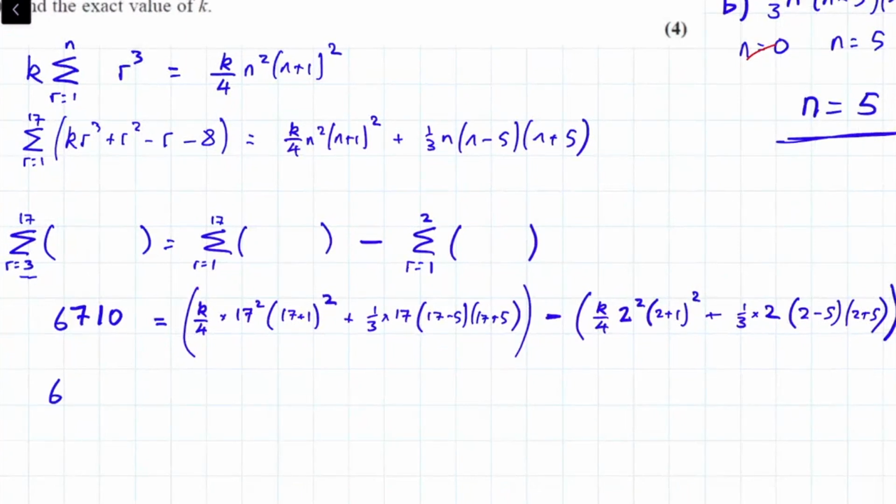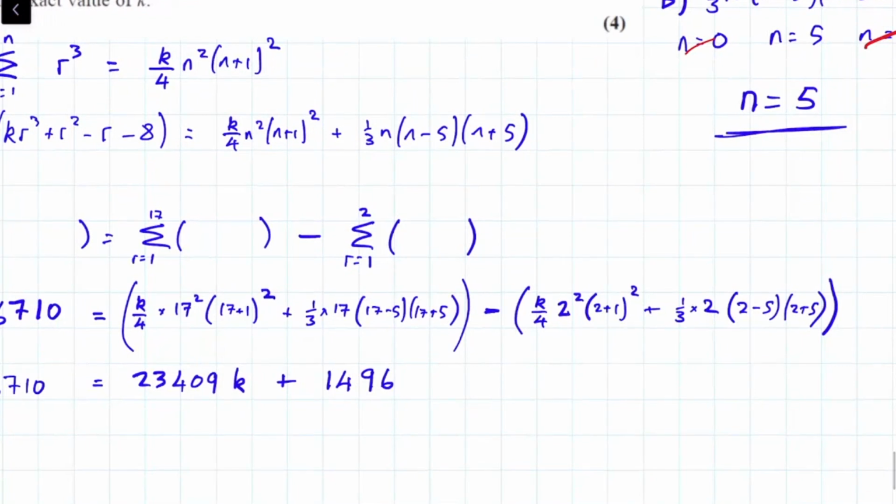So at this point, it seems like we've got everything we need. We just have a pretty nasty looking calculation to do, but from that we should be able to find k. So let's work it out. The first term, if we work this out, this comes to 23,409 times k, plus this is 1,496 if you put it in the calculator.